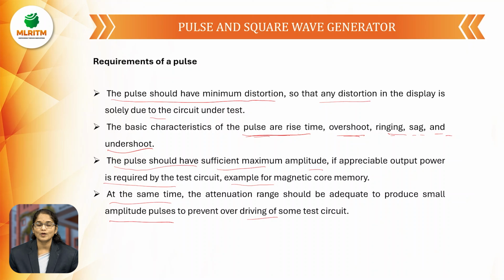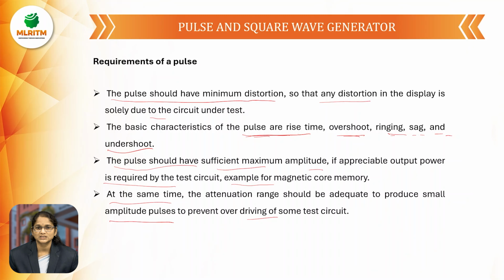These are the requirements while generating the pulse signal. The function and applications of pulse and square wave signals are the same, but the main difference is the duty cycle. This is about the pulse and square wave generator.